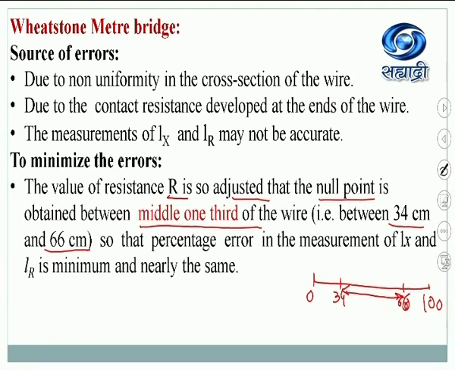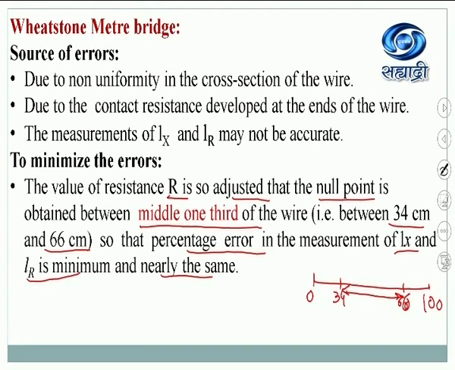What will happen with this? The percentage error in the measurement of Lx and Lr will be minimum and nearly the same. So error will be minimum. I will not say it will be perfectly nullified, but it will be minimum in the tolerable region.